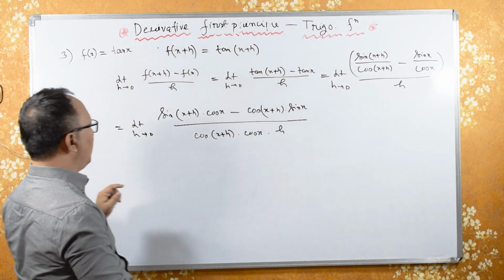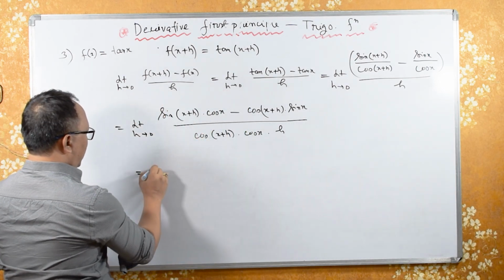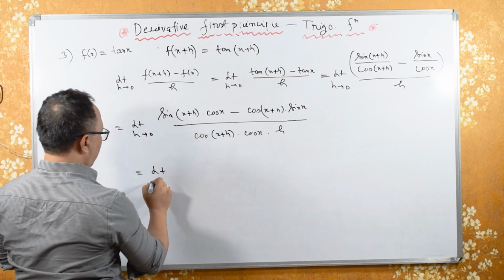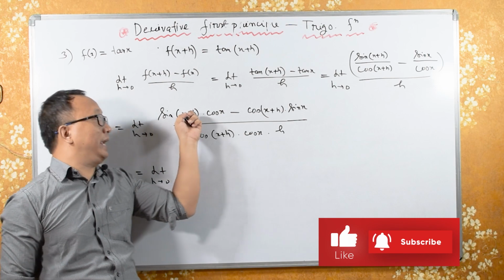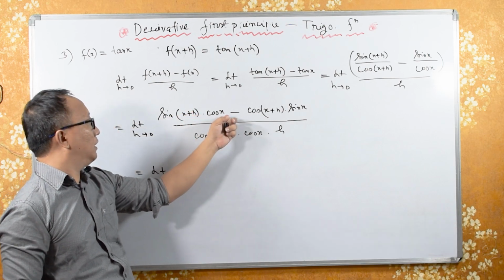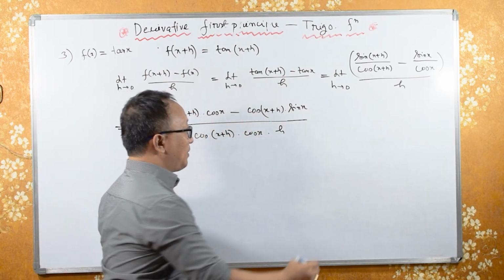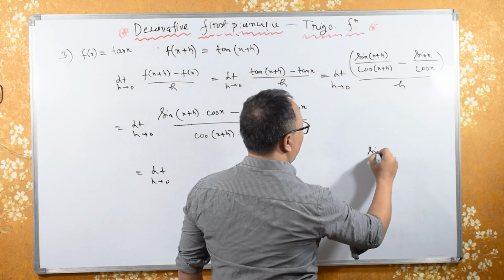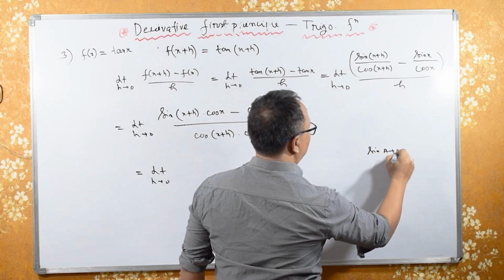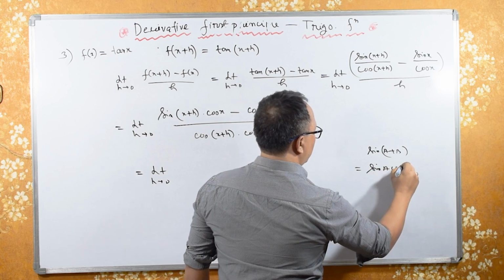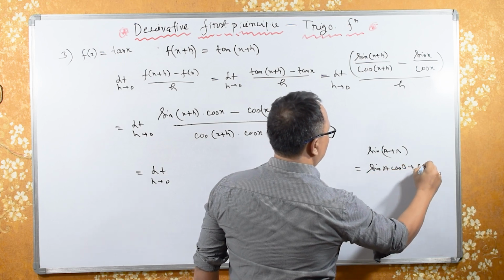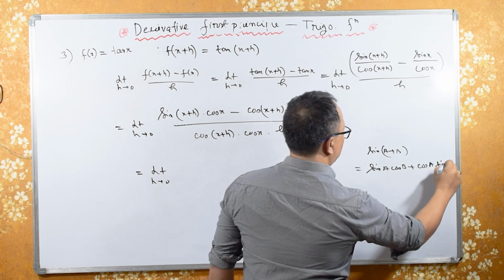Now remember, we have a formula here. Let's consider x plus h as a and x as b. Sine of a plus b is what? Sin a cos b plus cos a sin b.